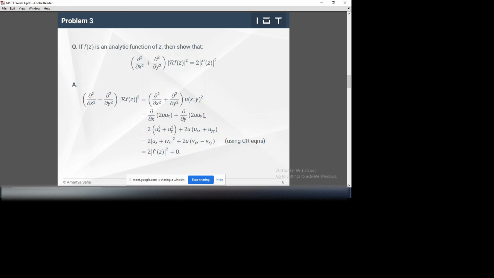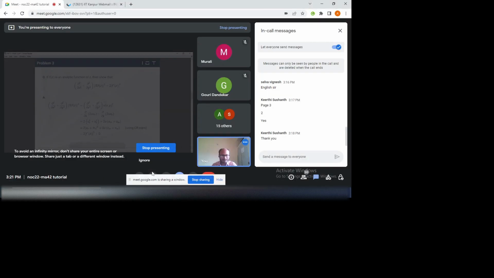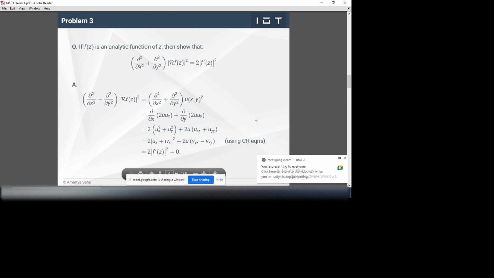Taking the derivative with respect to y, we get u_y squared and then u multiplied by u_yy. I have jumped a step, but you can convince yourself that this is indeed the case. If there is any question, feel free to ask. Okay, I guess things are okay.